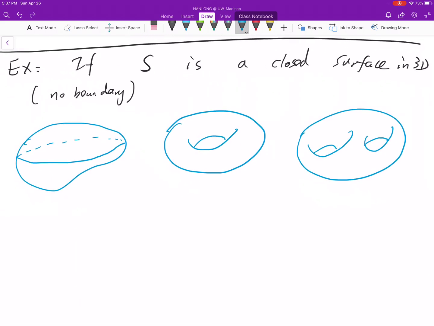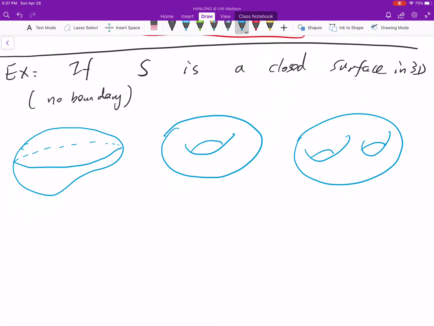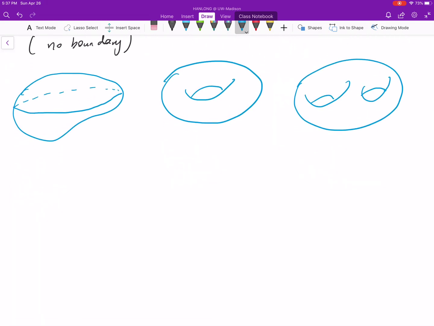Okay, then what do you have? All these surfaces are examples of closed surfaces, and for closed surfaces we can do the orientation canonically. So how do we do that? Choose the unit normal vector pointing outward.